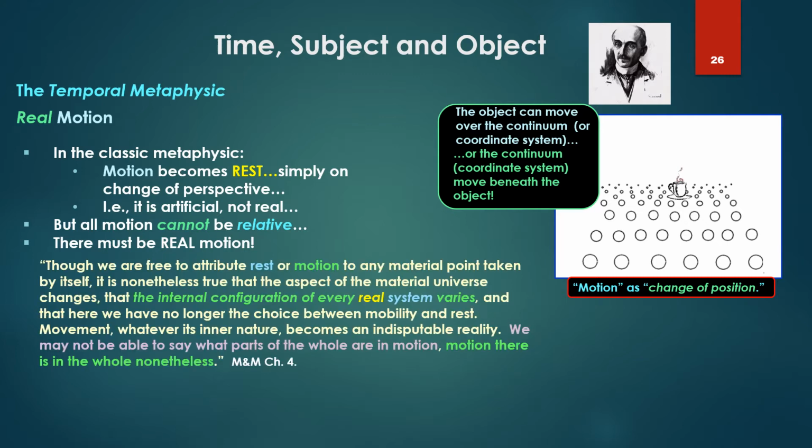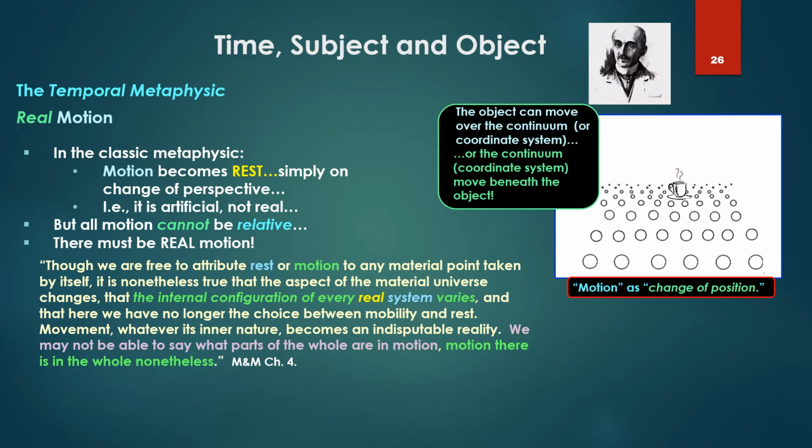Real motion. Quote Bergson, "Though we are free to attribute rest or motion to any material point taken by itself, it is nonetheless true that the aspect of the material universe changes, that the internal configuration of every real system varies, that we have no longer the choice between mobility and rest.